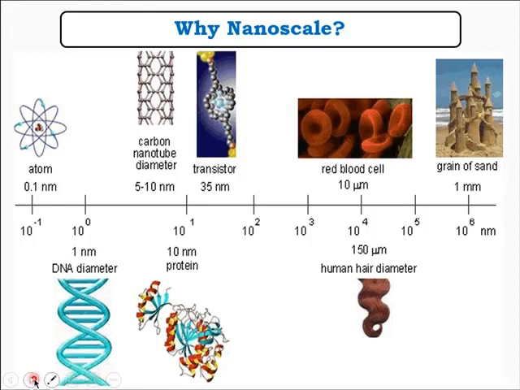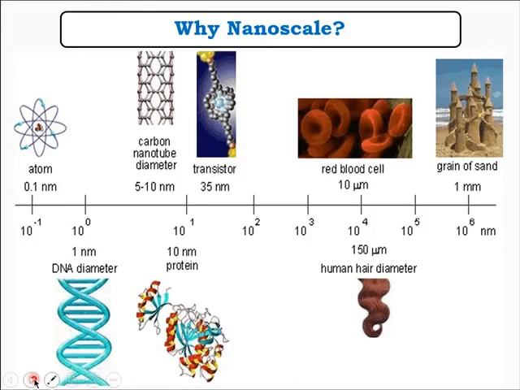Then we move to larger ones, the quaternary structure of a protein, which has a 10 nanometer size. Similarly we go on to larger sizes, such as a red blood cell, which is in micrometers.